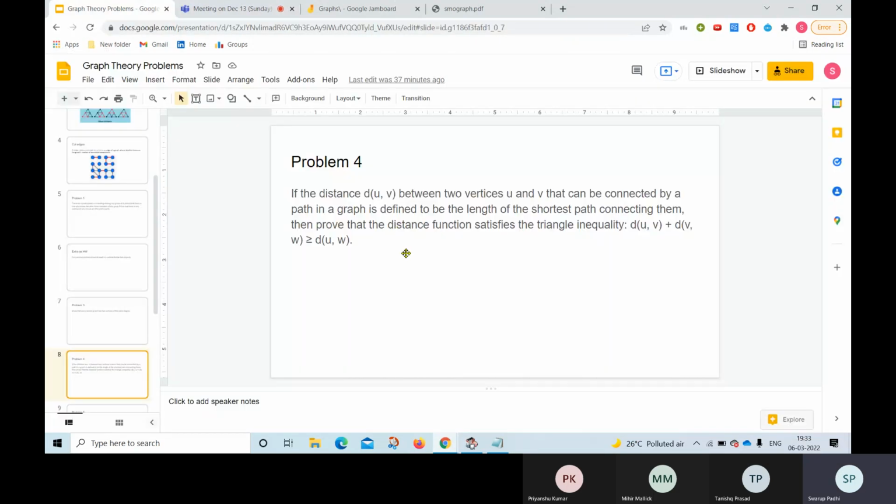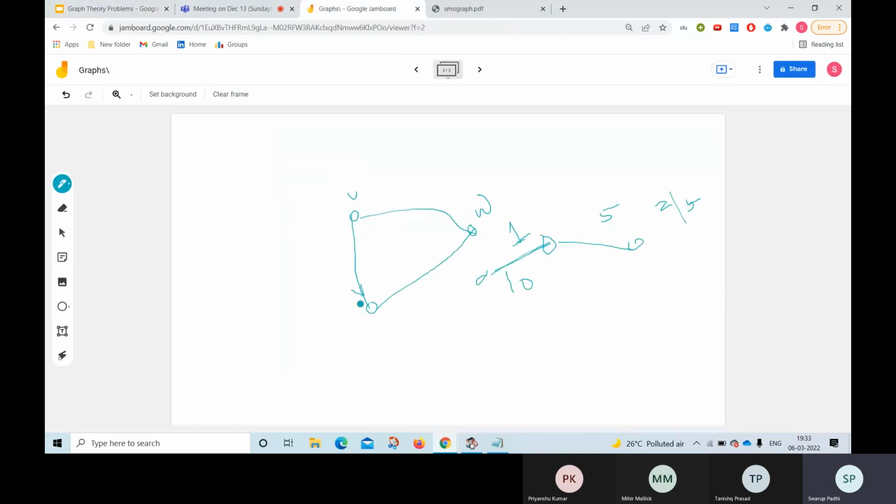Sorry for the disturbance. The proof is simple. We are considering that U to W is a shortest path. If distance of U to V plus distance of V to W is less than distance of U to W, then whatever we are considering as the shortest path from U to W is not the shortest path.